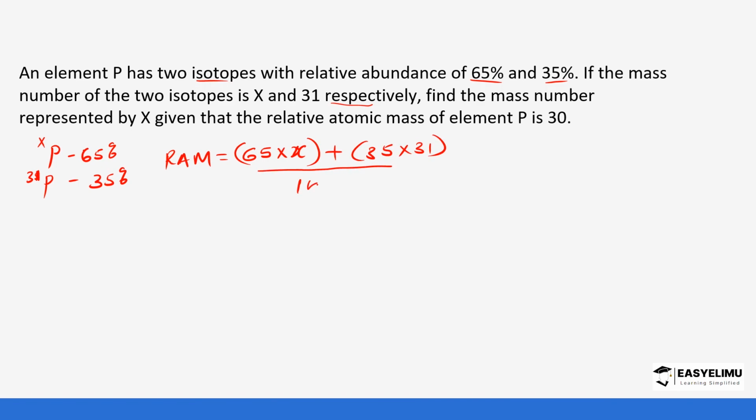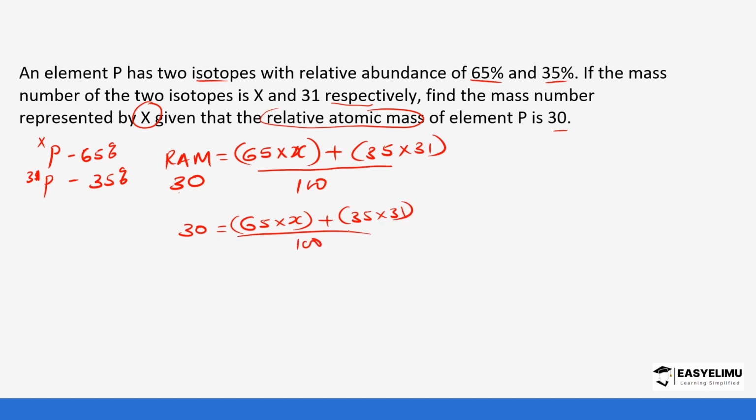And the relative atomic mass we have been told from the question, find the mass number of X given that the relative atomic mass is 30. So the answer to the relative atomic mass here is 30. So we change our equation to become 30 is equal to 65 times X plus 35 times 31 over 100.